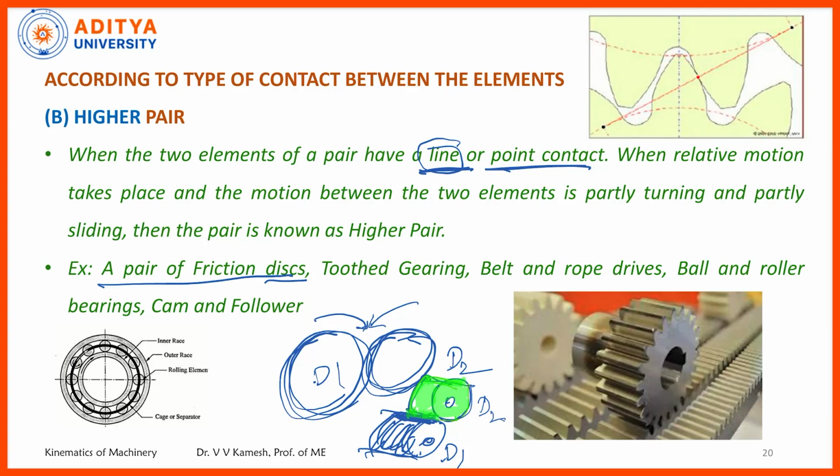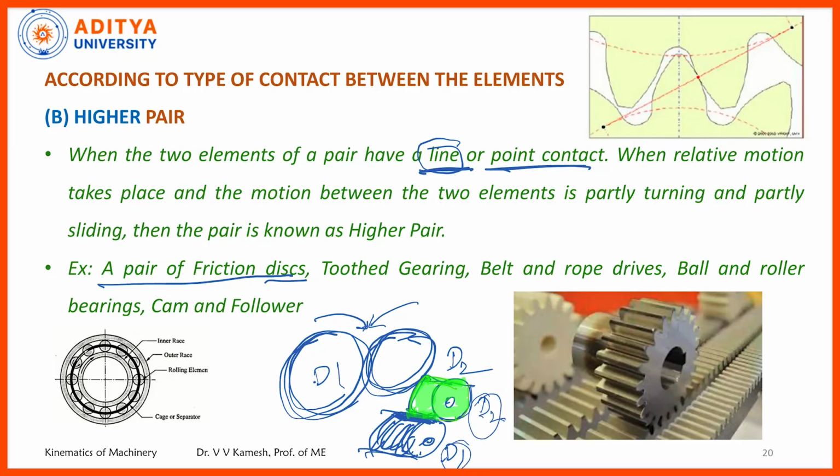When these two surfaces are in contact, disc 1 and disc 2 will be in contact with each other, right. Now, at a point of time, what is the contact: area, surface, line or point, between D1 and D2?